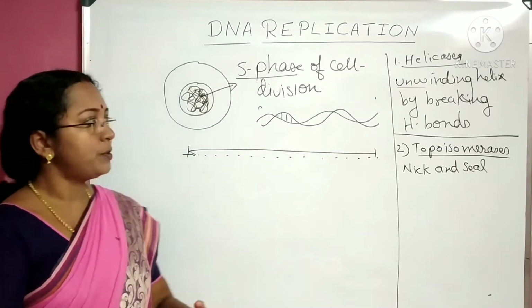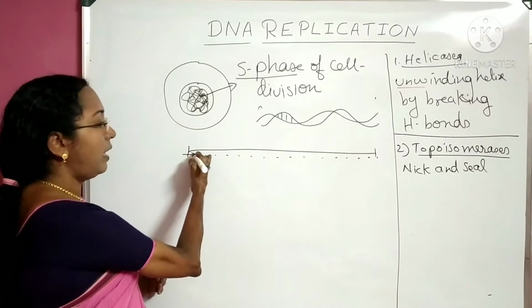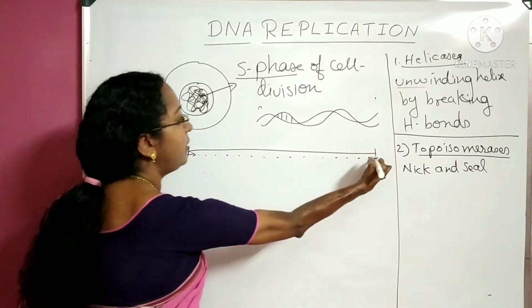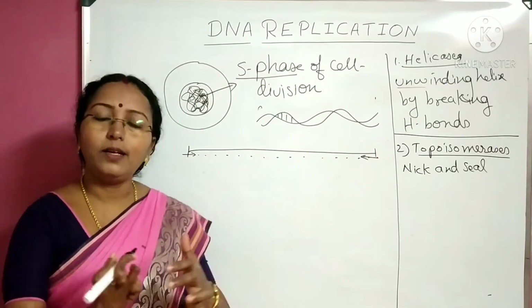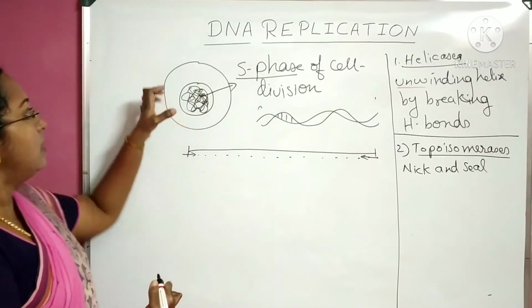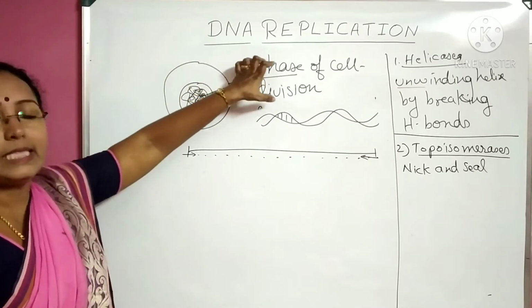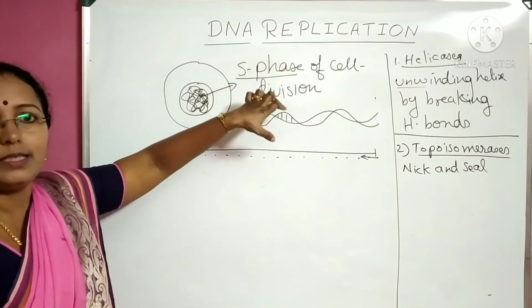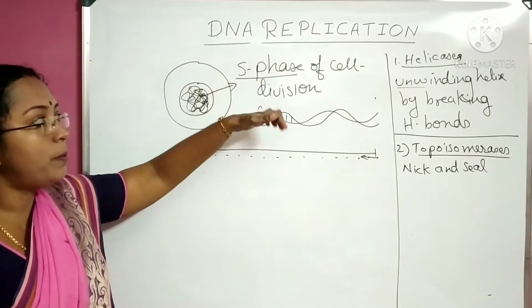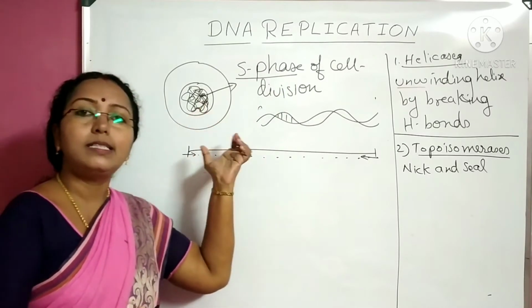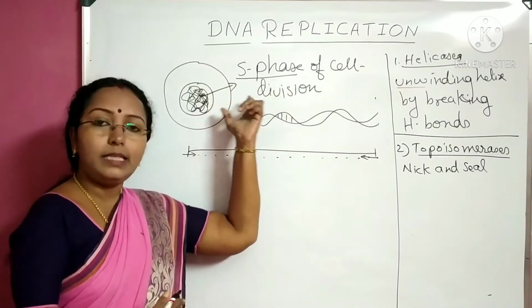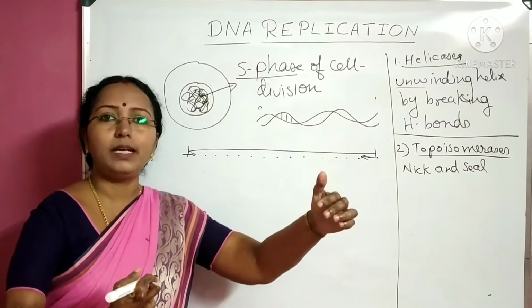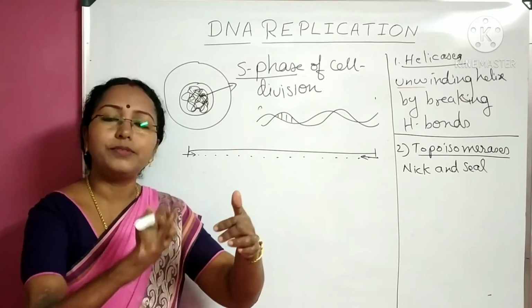So, another option is that one enzyme can start from this end, another enzyme can start from the other end. Again, it will take a long time because this is just one part of cell division. Still, there are more processes to be completed for the cell to divide. So if DNA replication takes a lot of time, it will lag the process of cell division.